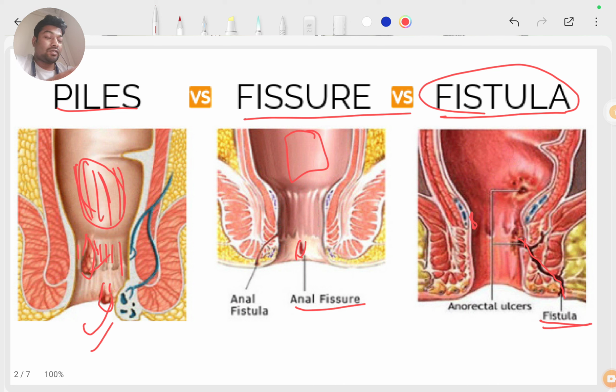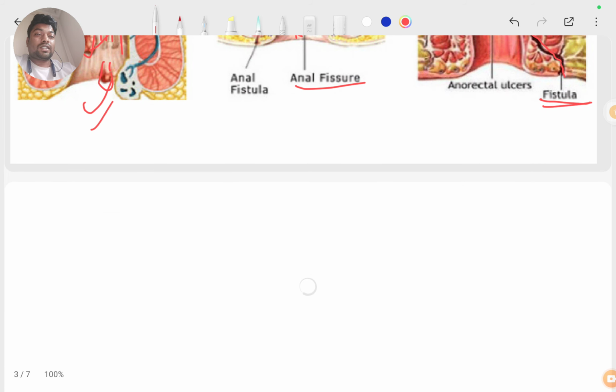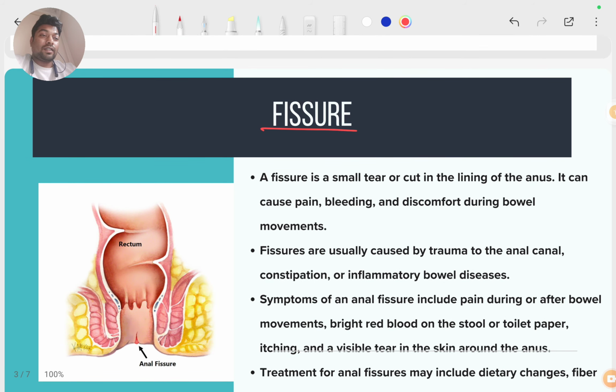So fistula is generally a channel created between the inner anal area and outer skin. Let us see here furthermore about the fissure, hemorrhoids and fistula.